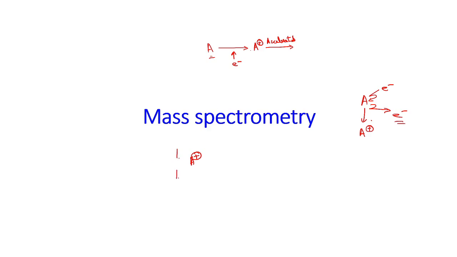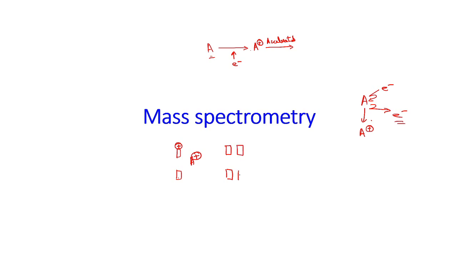Before this ionization chamber, while it is having this ionization, we will be having a positive electrode, okay. So what will it do? It will repel A plus ions, and then we will be having negatively charged electrodes.